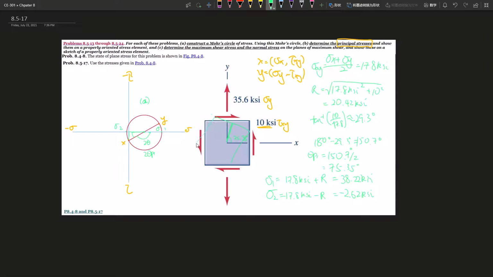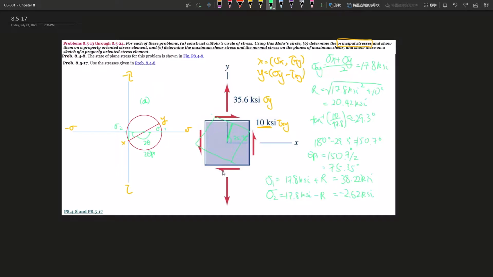Once we turn like this, we will have tensile stress 1 and 2, the maximum and the minimum. It's going to be something like this.